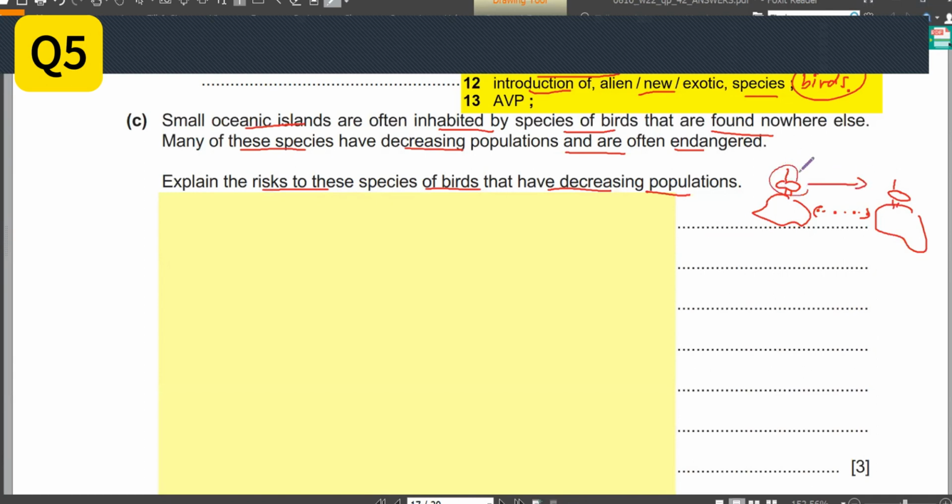So these birds may be only on this island and cannot be found anywhere else on Earth. They are very special and can be very important. But because the environment is sometimes changing, they may be facing decreasing population. So what are the risks for them?